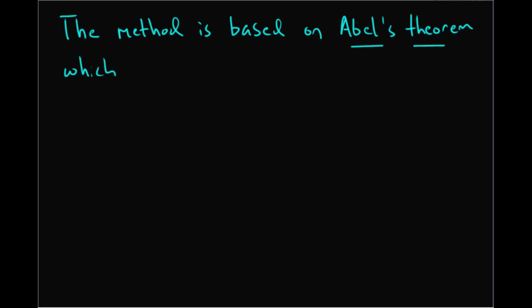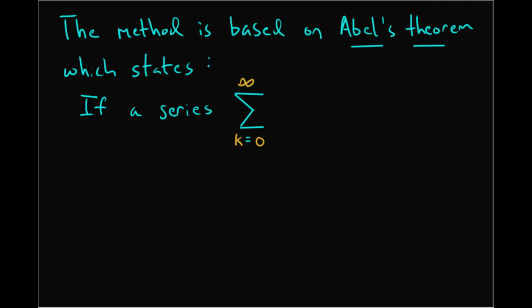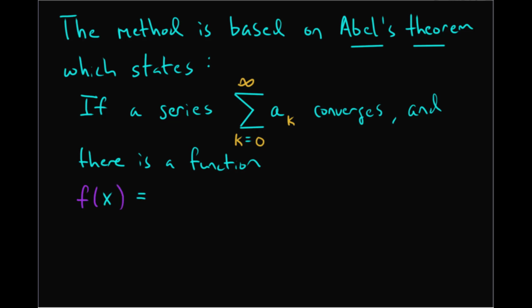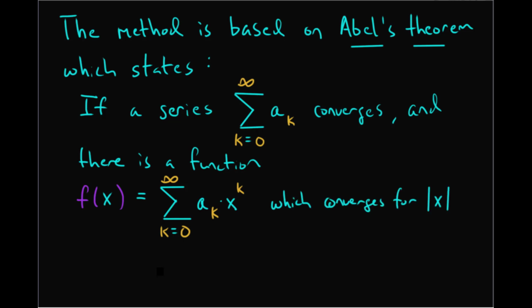This is Abel's theorem, which says that if we're given a series, the sum of all terms a sub k from k equals 0 to infinity, and we know that that series converges, and if there's a function f of x which can be represented by the power series which has as its coefficients the terms a sub k, in other words the power series from k equals 0 to infinity of the terms a sub k times x to the k, and this power series converges for all x such that the absolute value of x is less than 1, then what do you think happens as we take the limit of this function as x approaches 1 from the left?